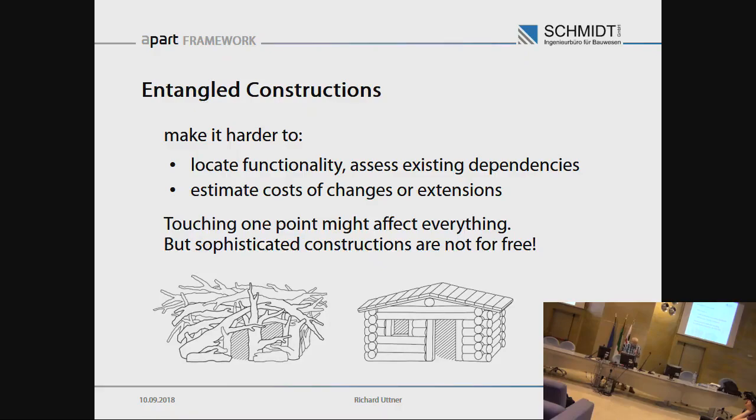On the other hand, there are also surprisingly good reasons for starting with an entangled construction, because the raw material is just there, and trying to construct like on the right side is only possible if you have a lot of experience in the team.